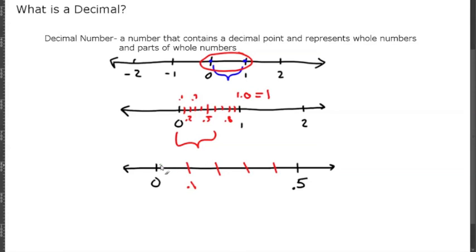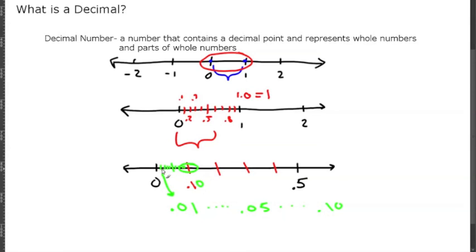So it'd be 0.01, 0.02, 0.03, 0.04, 0.05, 0.06, 0.07, 0.08, 0.09, and then from 0.09 we would do 0.10. So that first mark would be 0.01, and it would go all the way up to the 0.10, which is this point right here.